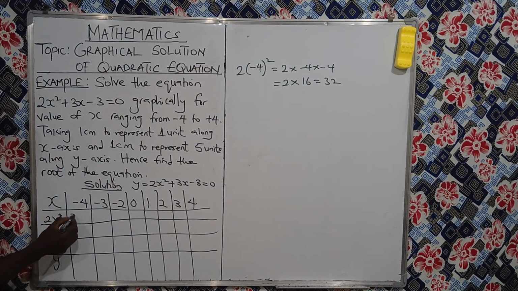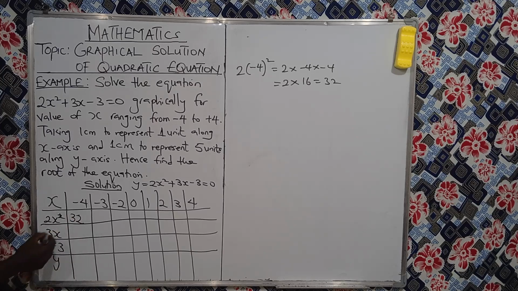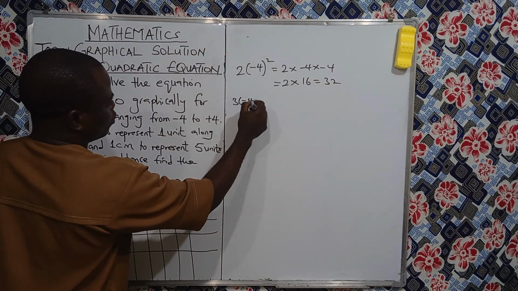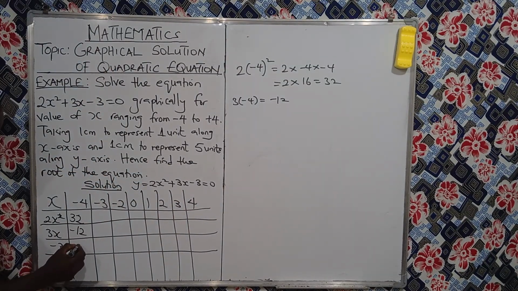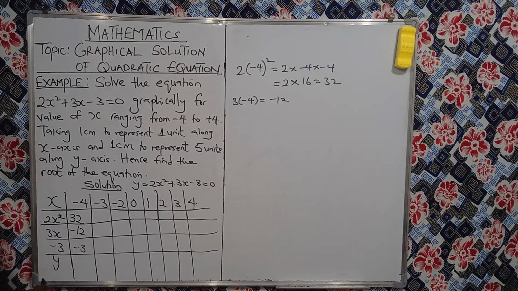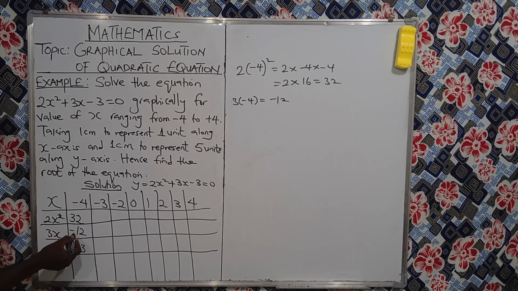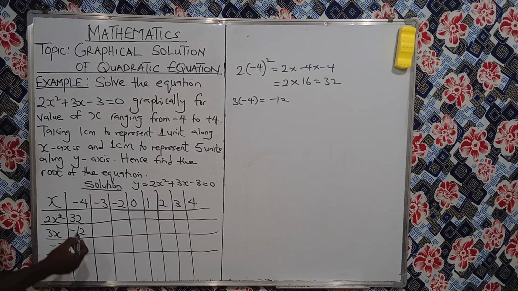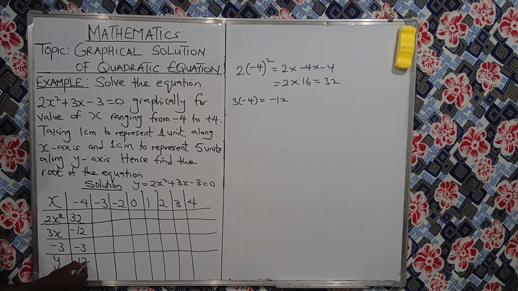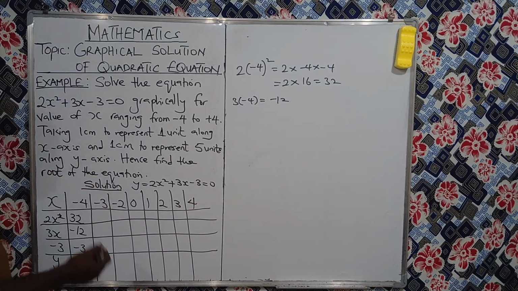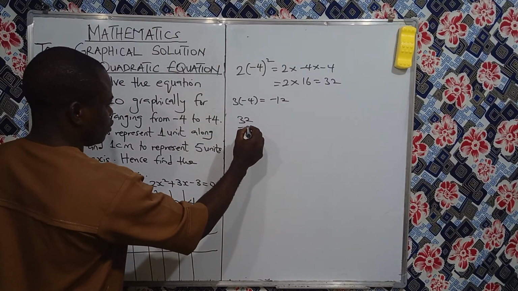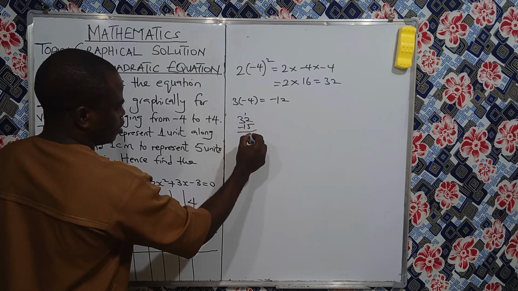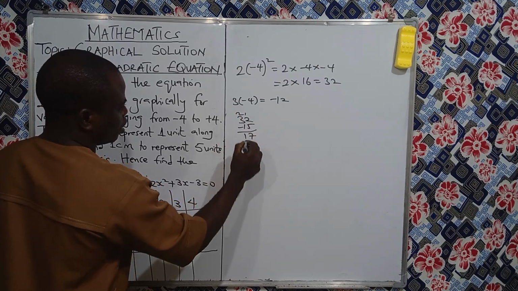Come here and put your 32. 3x, 3 times minus 4, that's minus 12. Minus 12, bring your minus 3 down. 32 minus 12 minus 3 will give us 17. Still the same thing with what we did when you substitute directly.